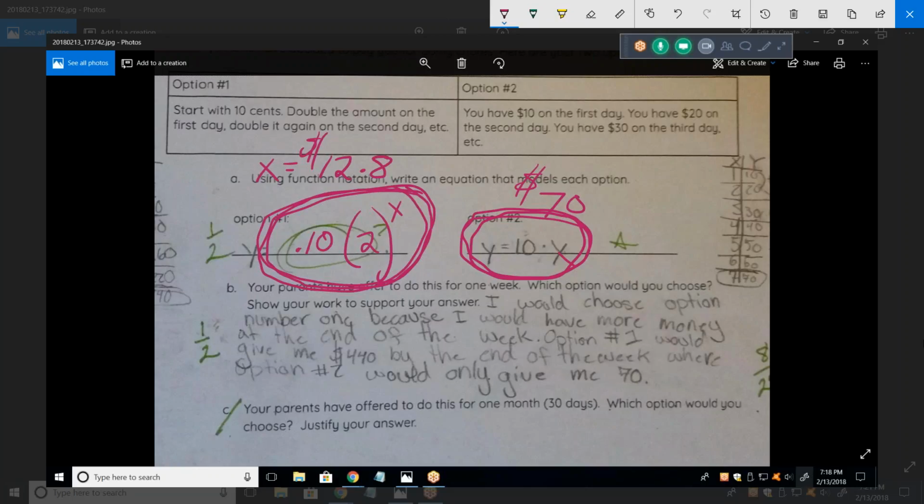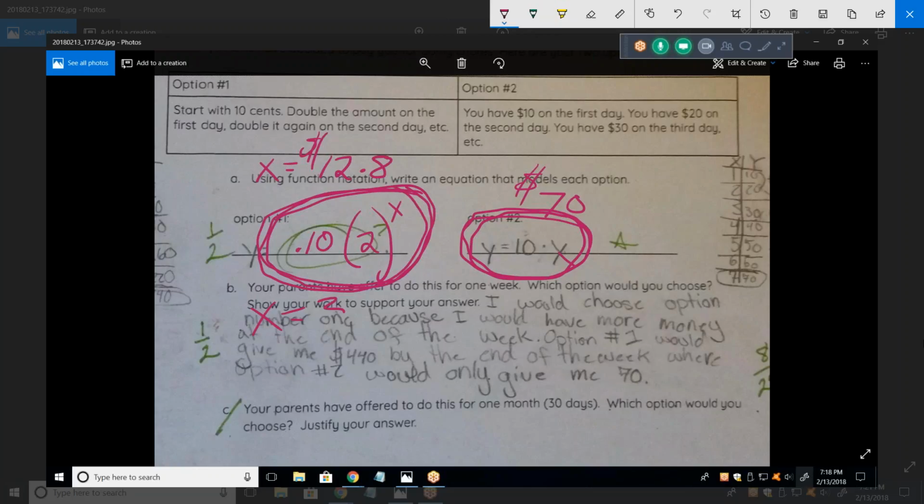What if they offered you this for 30 days? Now tell me what option 1 gives you when you put an exponent of 30. In other words, when you take 2 to the 30th power, multiply it by 0.1, what do you get? Wow.